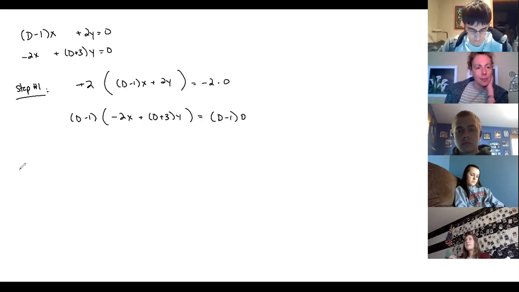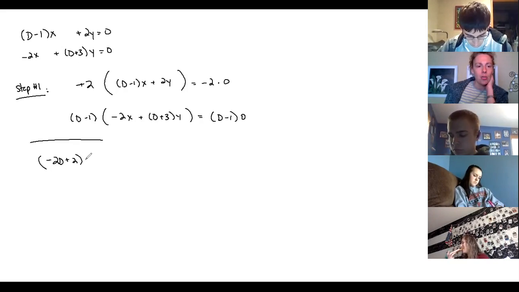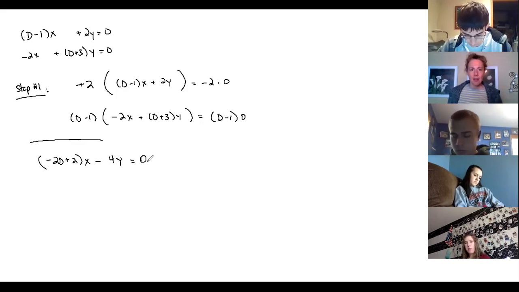Okay, so let's multiply out. Here's what we have. If we rewrite, we've got -2D plus 2x minus 4y equals 0, right? If I distribute that -2, -2D plus 2x minus 4y equals 0.